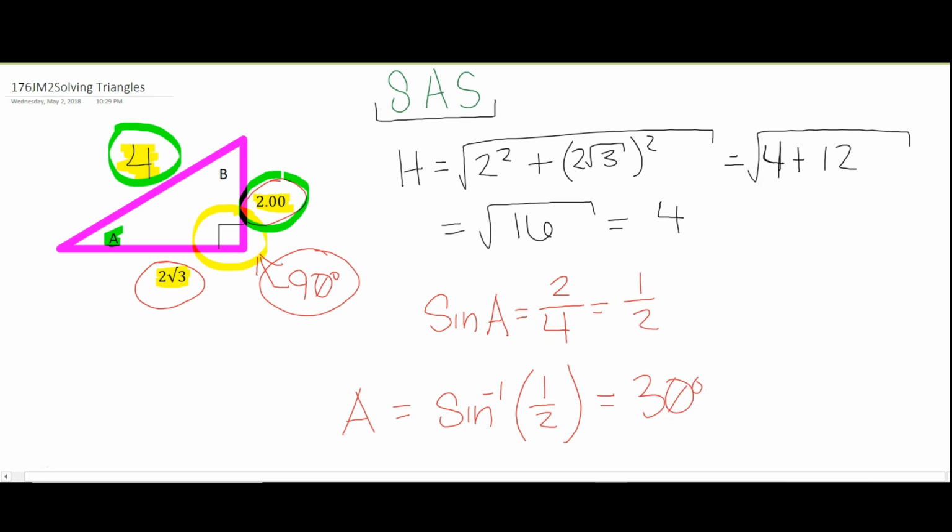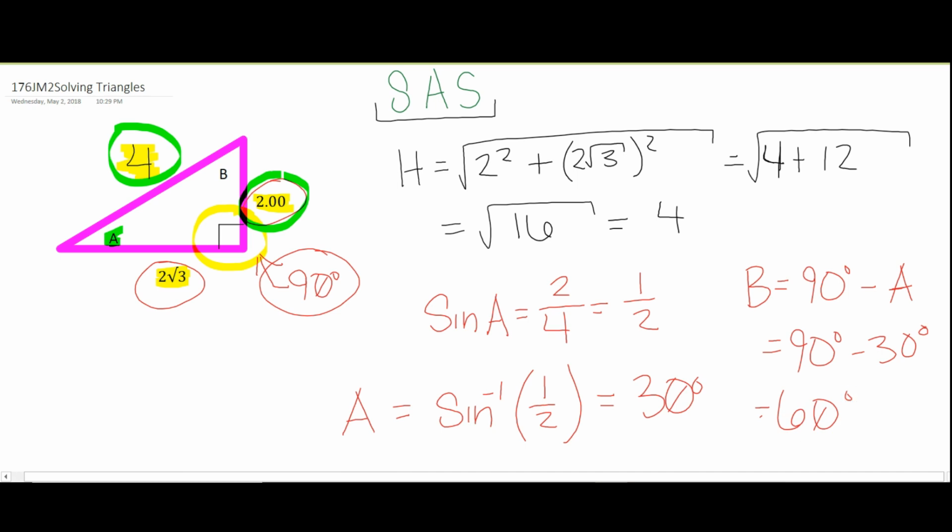And then to solve for angle B, all we have to do now is subtract angle A from 90 degrees, which is equal to 90 minus 30. That equals 60 degrees.